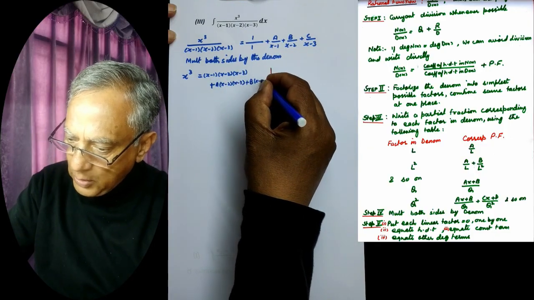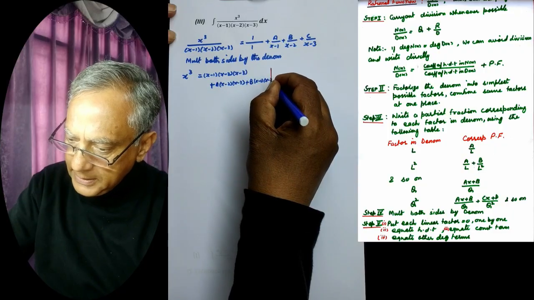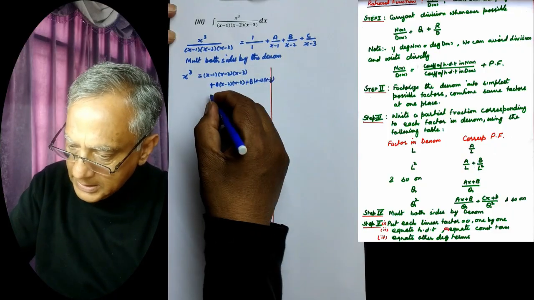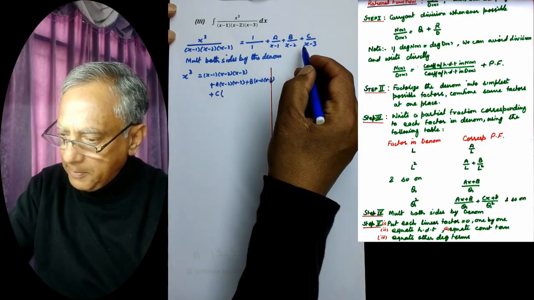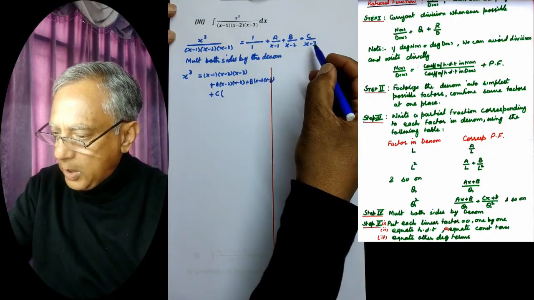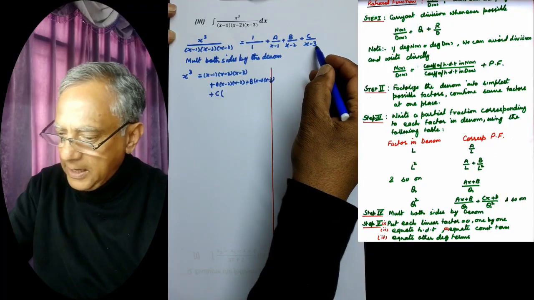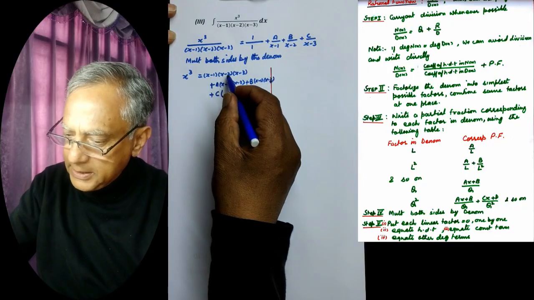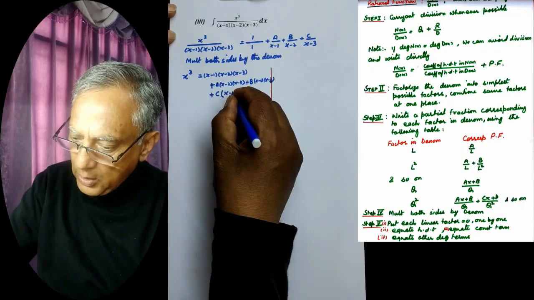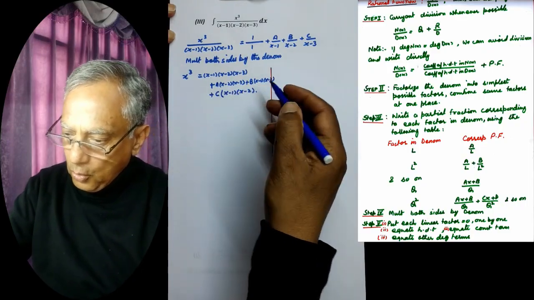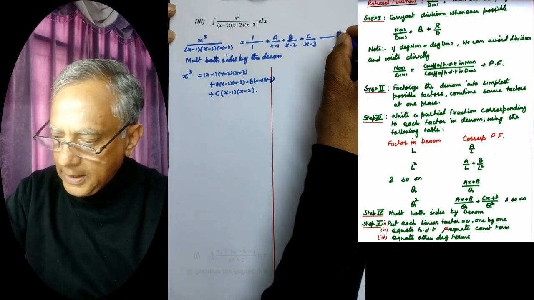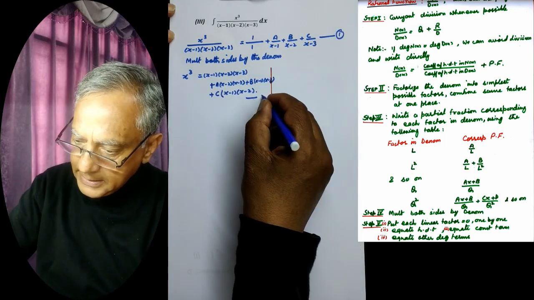So x minus 1 into x minus 3 plus c into, now multiply this with this, what we get is x minus 3 will cancel and we will get x minus 1 into x minus 2. So we get this identity. This is 2.